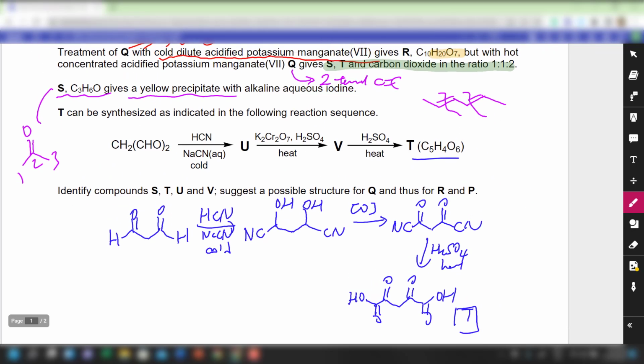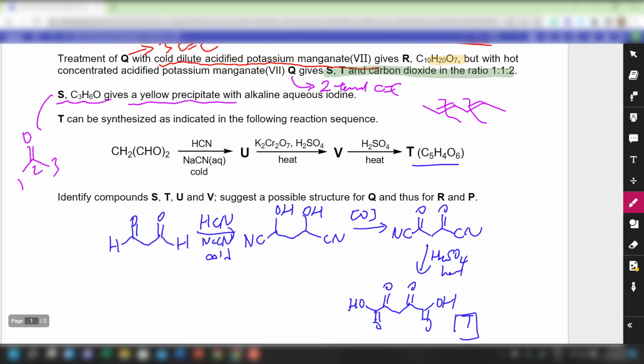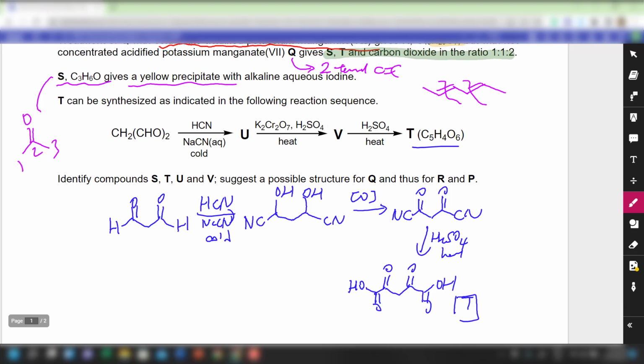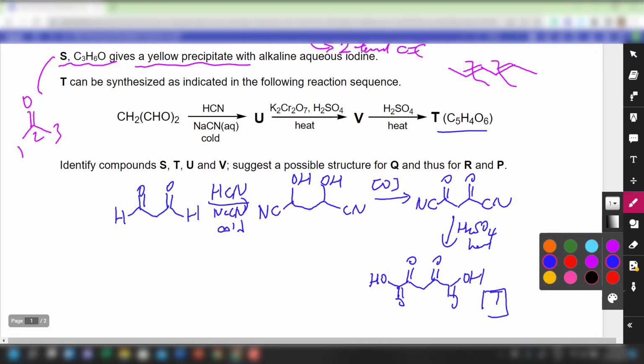Now, the next thing we are going to do is we'll try to combine the unknowns together in order for us to work out a potential structure for Q. So with that, I'm just going to number the unknowns here. Sorry, I'm going to number the carbon in T. Earlier on, I've numbered S to be 1, 2, 3, and then I'll just continue 4, 5, 6, 7, and 8.